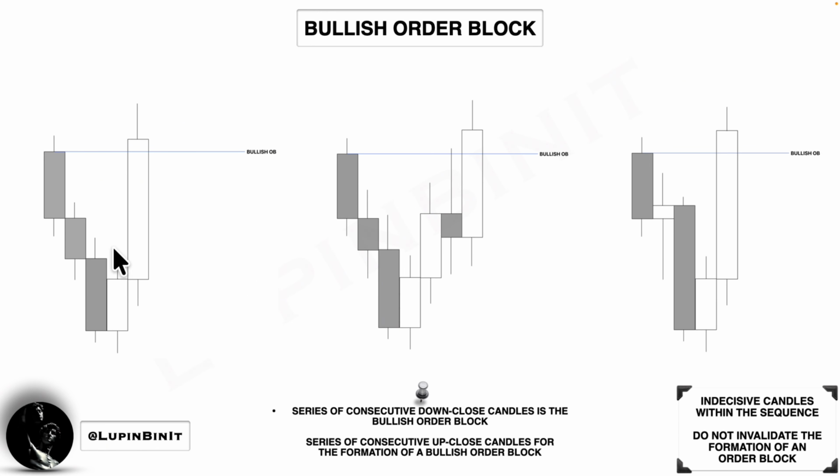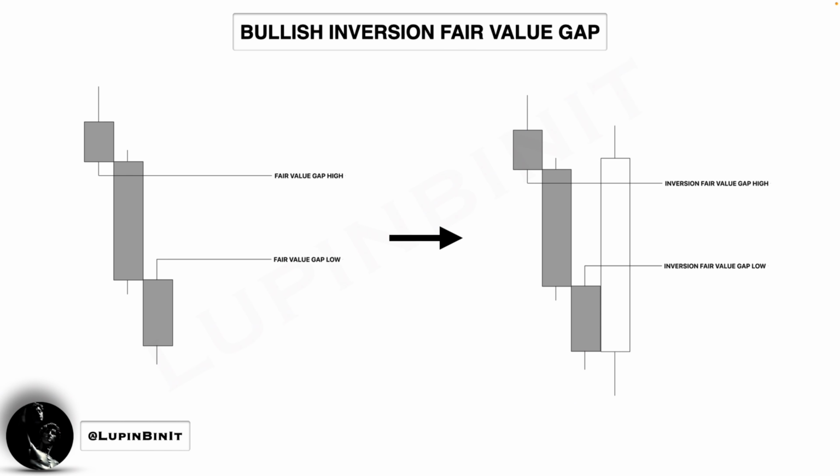So if we're looking at the bullish order block right here, very similar. All it would require is this candle here to be a fair value gap. And that is key. If we are combining these two together, that segment of price action becomes very, very powerful as long as time and price are in alignment.